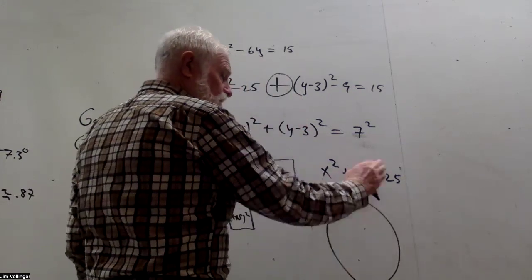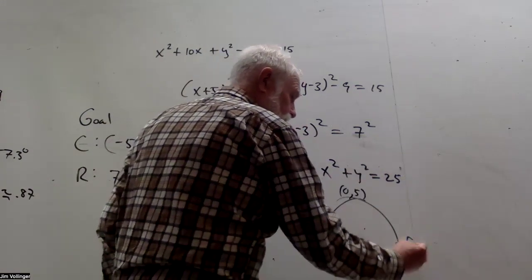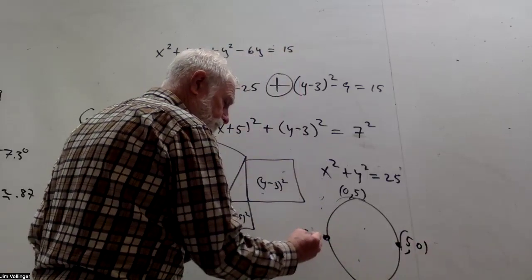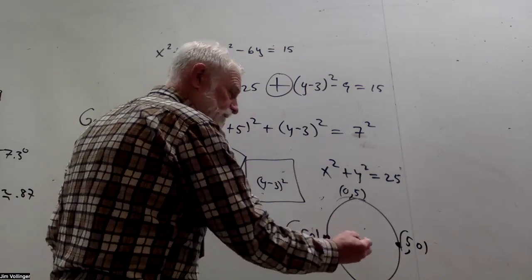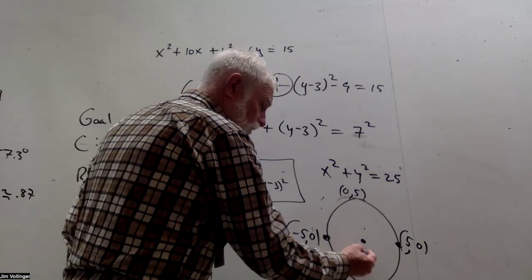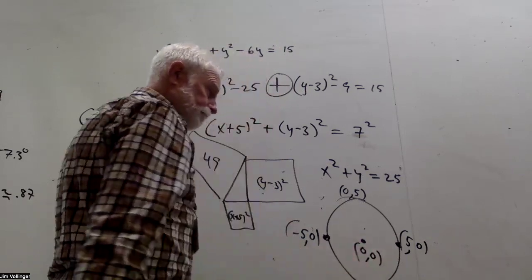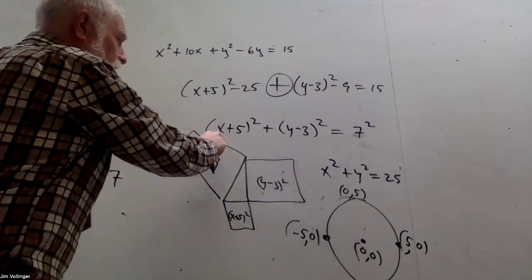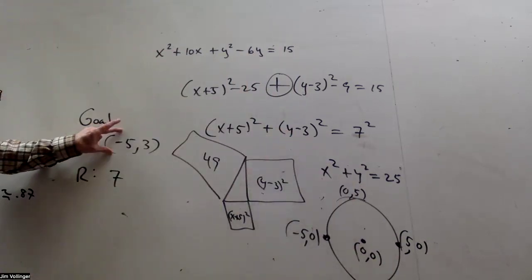Make that 0, x could be 5. X could be -5. What's the center? Sure looks like it's 0, 0. So what makes 0, 0 here? -5, 3. That's the center of this.